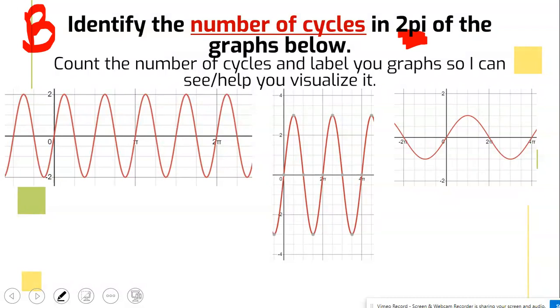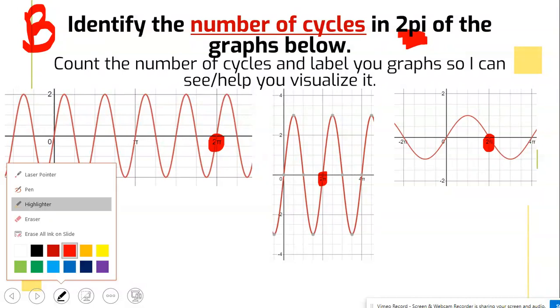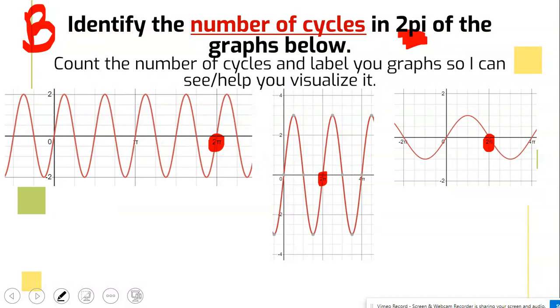Notice that over here, here's 2 pi. On the next graph, here is 2 pi. That's important. That tells us how many completed cycles of sine have occurred from 0 to 2 pi. We need to know that.